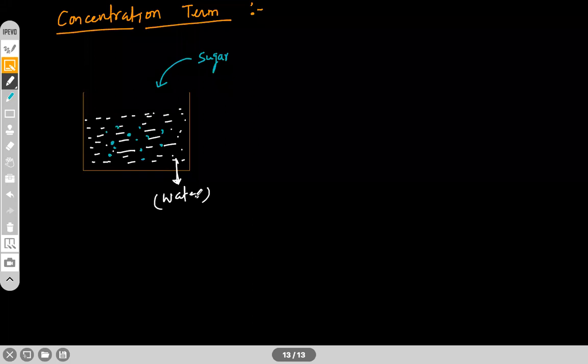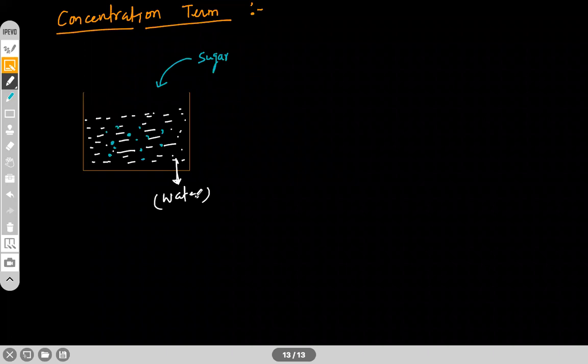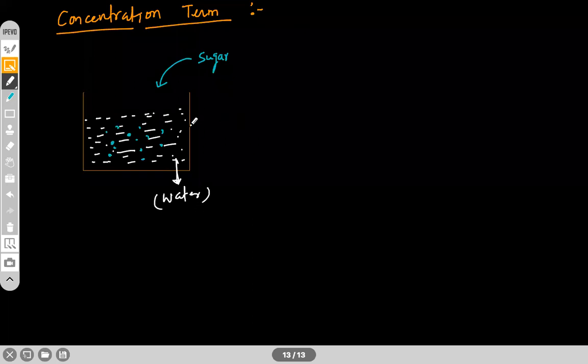Okay. So there are two components here. One is sugar and one is water, right? And these two components form a solution here, or we can say this here is a mixture, right?